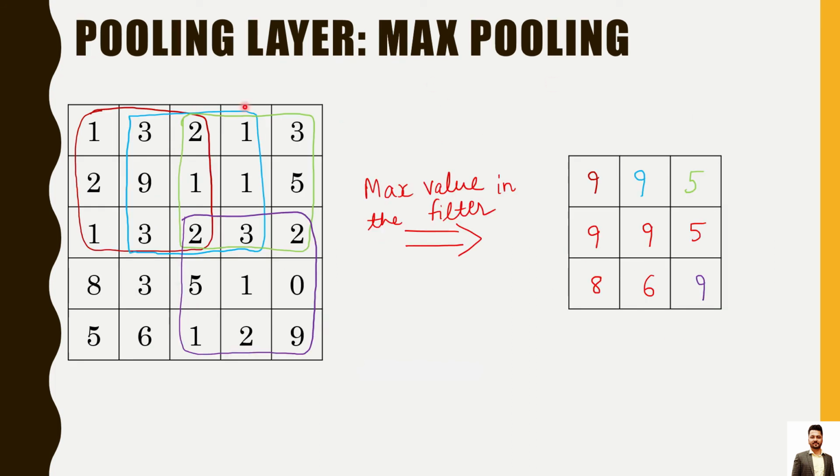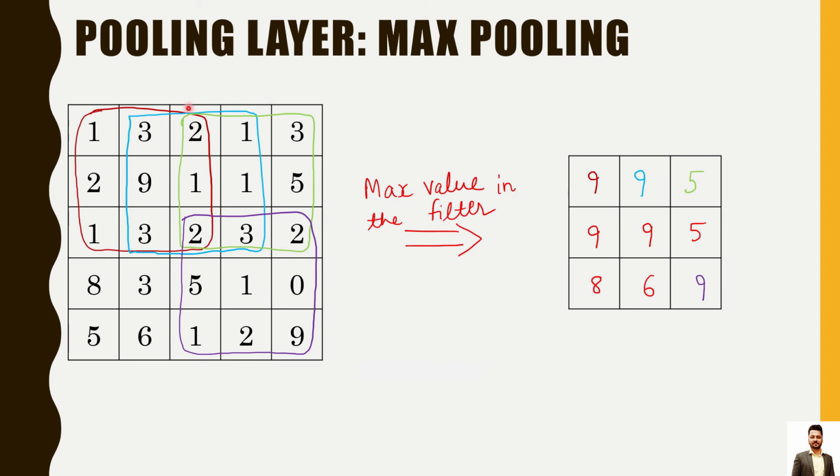Now applying max pooling with a 3 cross 3 filter, you can see that in this brown square you have to find the maximum value, which is 9: 132, 291 and 132. The maximum value is 9. 9 is passed and it is written here like this. Similarly with the stride of 1, if I move, 321, 911, 323, the maximum value is still 9. So 9 will be passed to the second location.